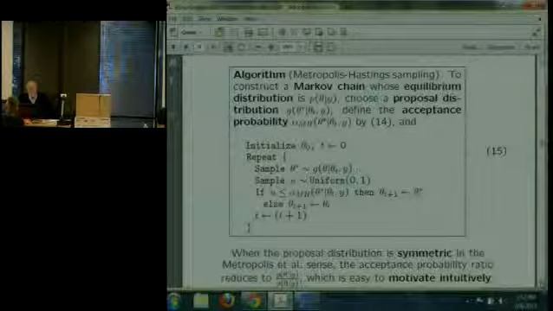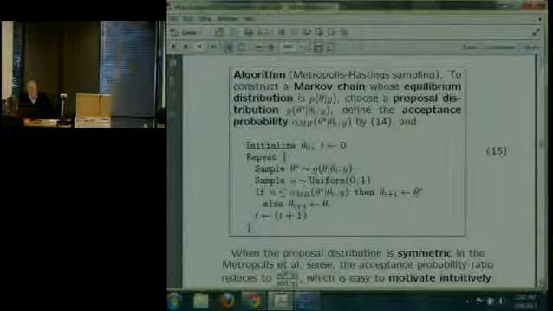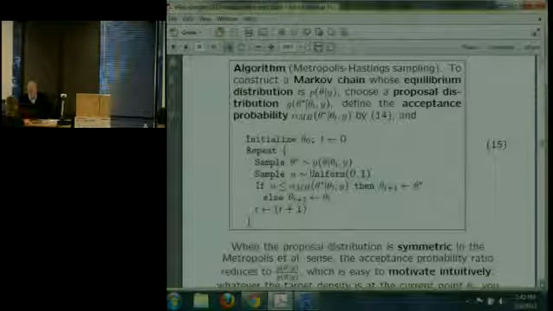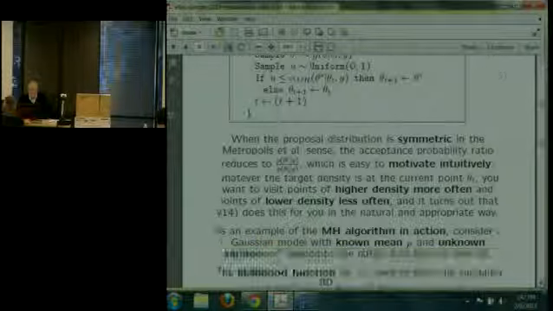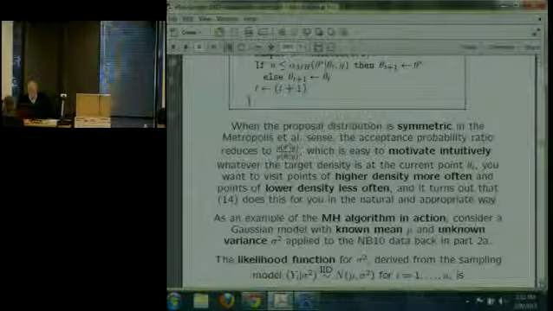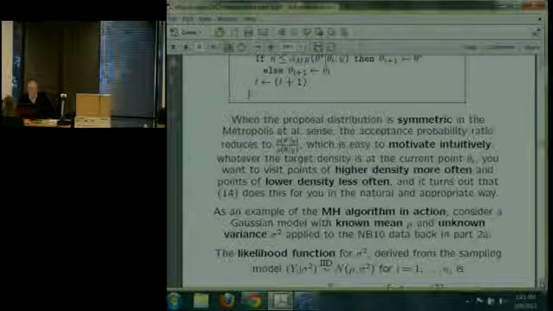And now keep doing that for as long as you like, right through the burn-in period, right through the monitoring period. And as we just noted, when the proposal distribution is symmetric, you get back the ordinary Metropolis acceptance ratio.